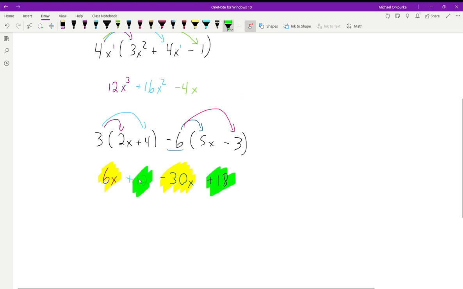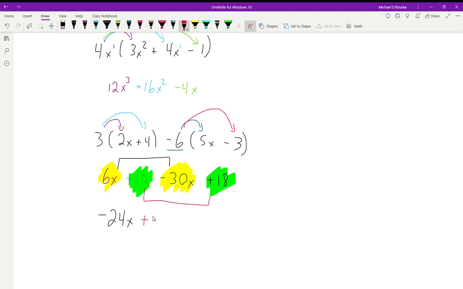There we go. These two are like. So here, we're going to put these two together. So 6x minus 30x is negative 24x. And then we'll put these two together. 12 plus 18 is positive 30.